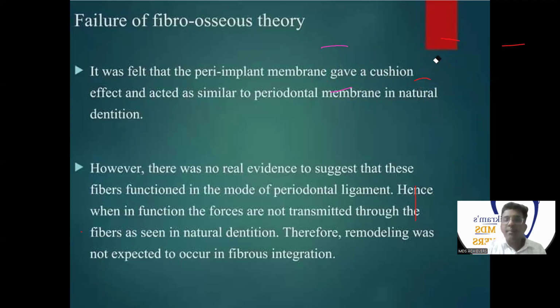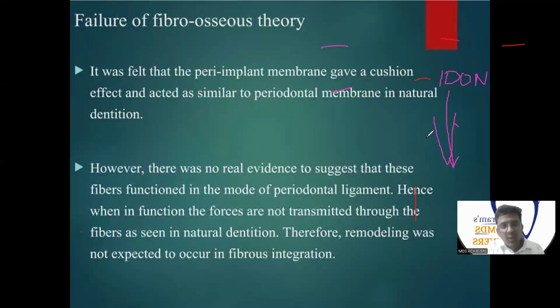It was felt that the peri-implant membrane gives a cushion effect. As I said earlier, suppose a 100 newton load is acting, then in osseointegration all the force will be transmitted to the surrounding osseous tissue. Whereas in the fibro-osseous theory, they thought there would be damping of the forces transferred to the bone.